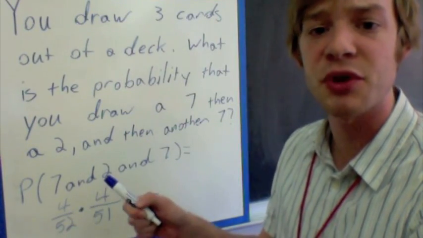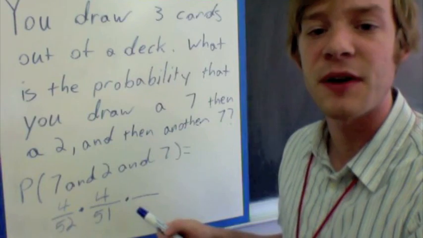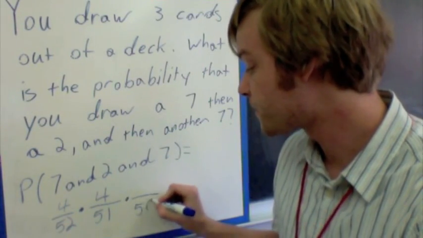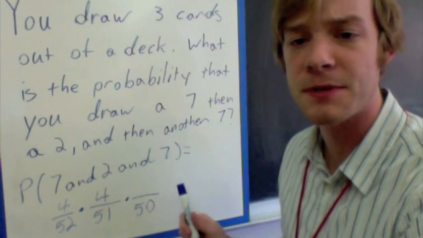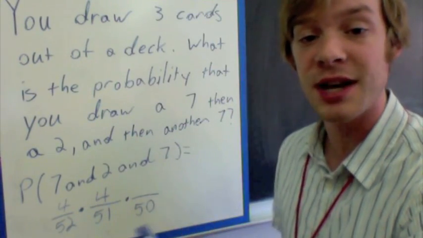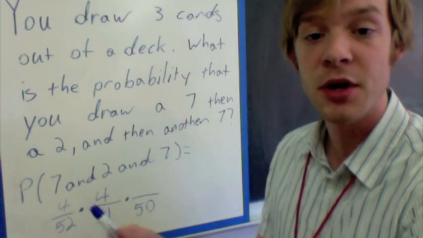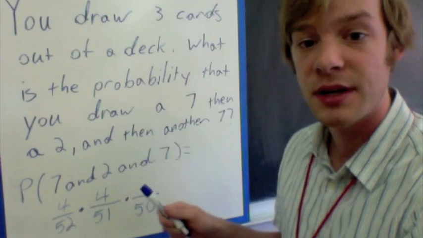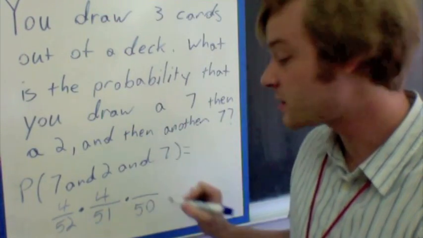We drew out the 7, we drew out the 2, so that means that we've got 50 cards left in the deck now. But this number on top is not going to be a 4 because we no longer have 4 7s left in the deck because we drew 1 out at the very beginning there. So now we actually have 3 7s in the deck. So here, this is going to be 3 over 50.